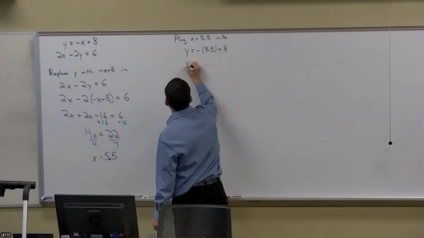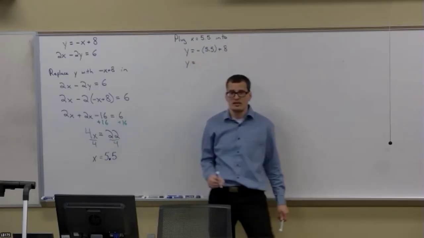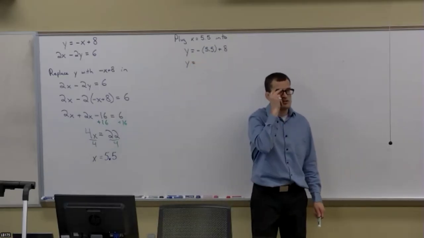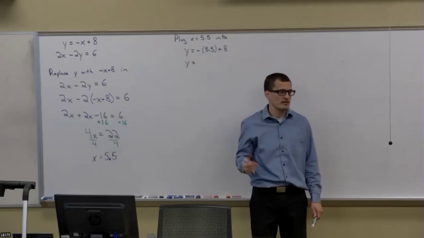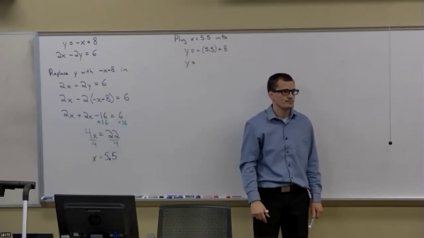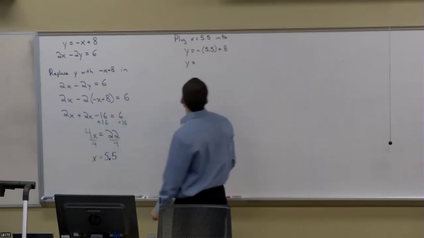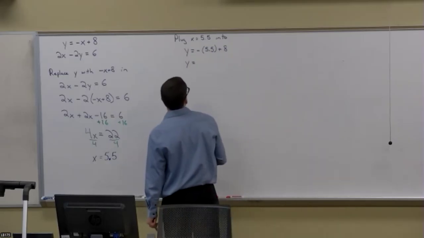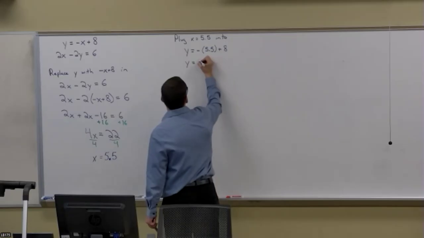There's really only one step to do if I plug it into the first one. There's going to be a couple of steps if I plug into the second equation. So y is equal to, that's 2.5, isn't it? 2.5.